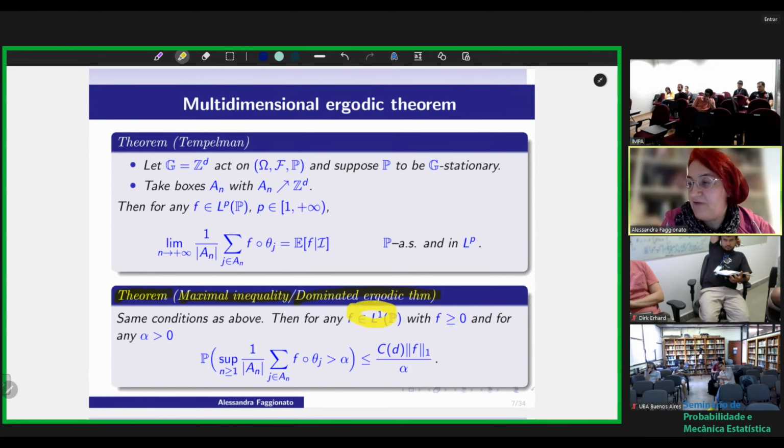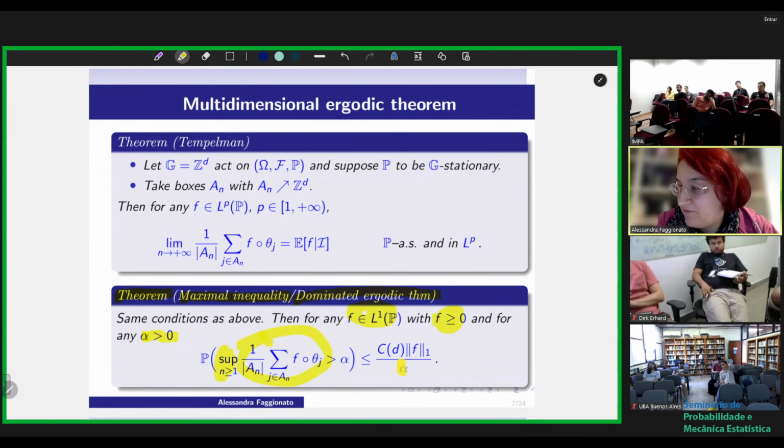Given f in L^1, an integrable function on the probability space, which is non-negative, then for each alpha positive, the probability that the supremum of all these averages is bigger than alpha is bounded by 1 over alpha times the L^1 norm of f, times a constant which depends on d.